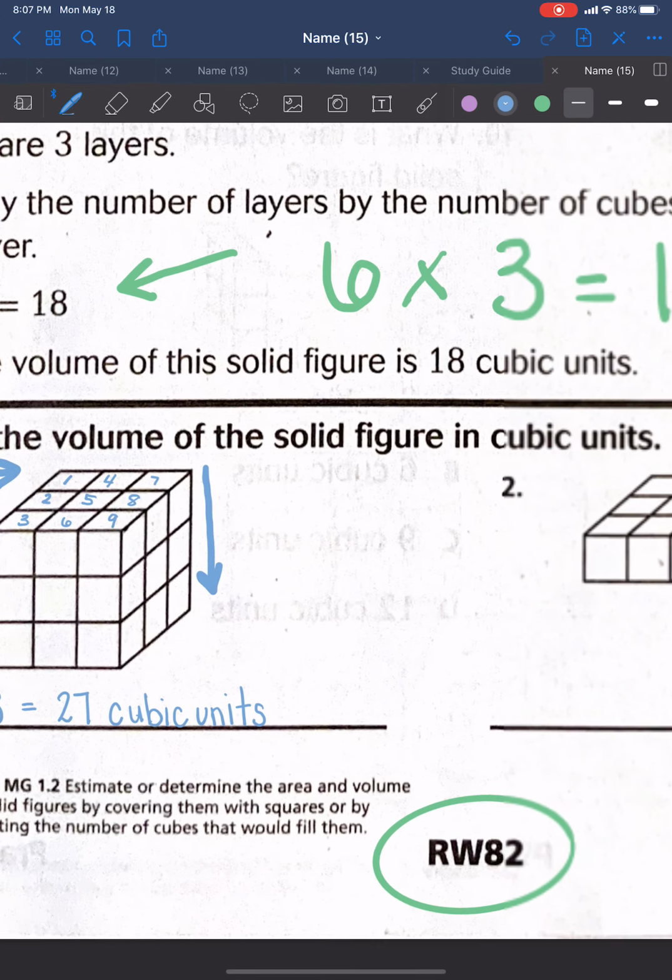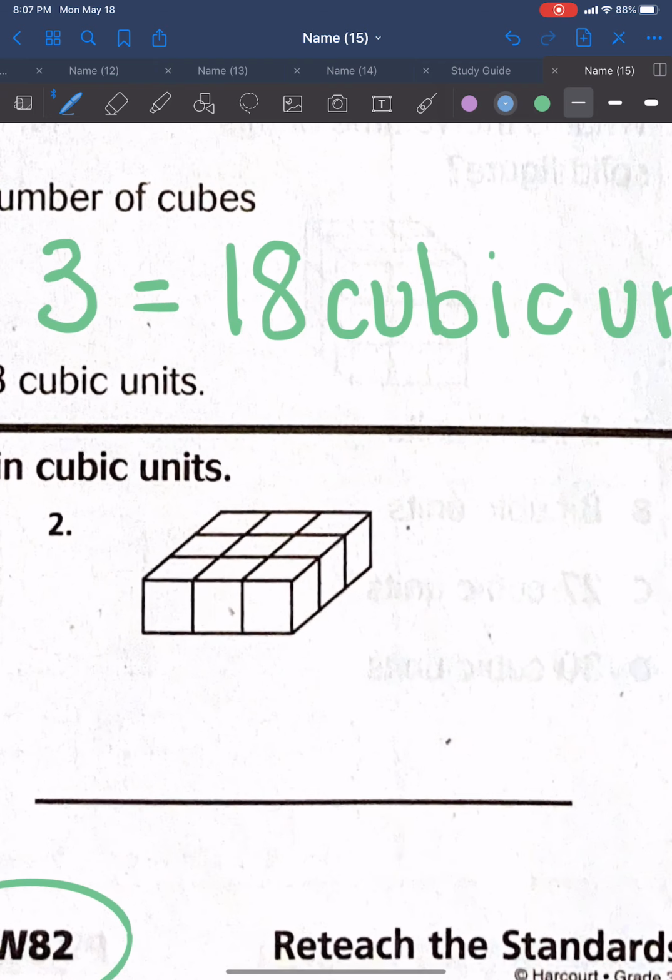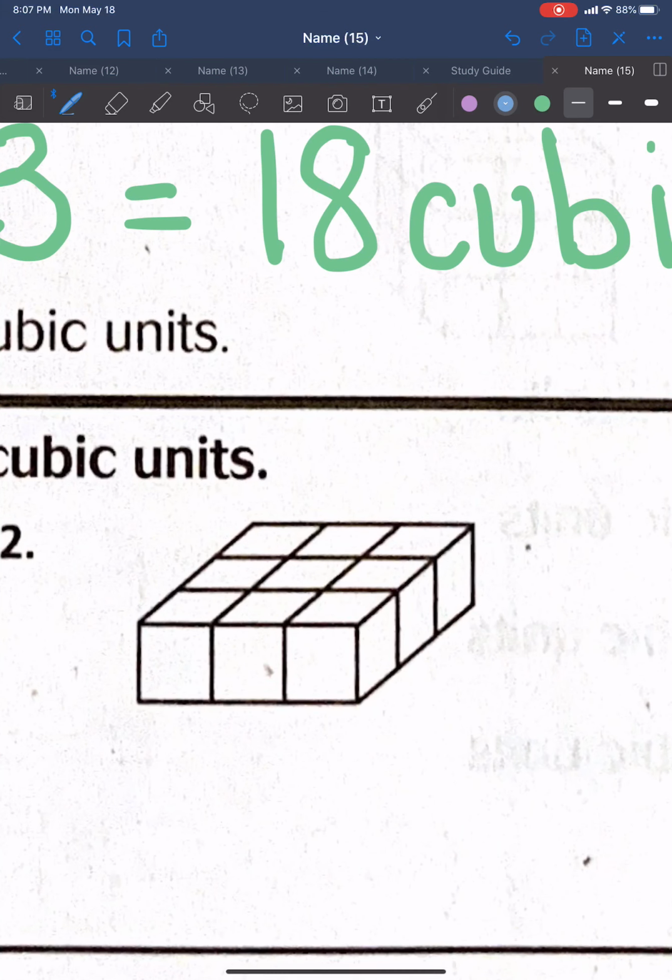All right, let's do one more together. Let's come right over here. How many do we have all together? Well, first we take the top layer. In the top layer, we have 1, 2, 3, 4, 5, 6, 7, 8, 9.